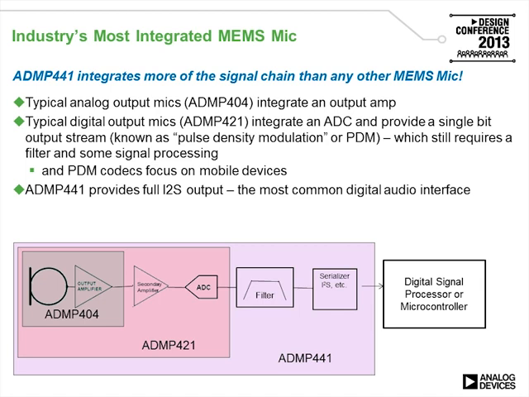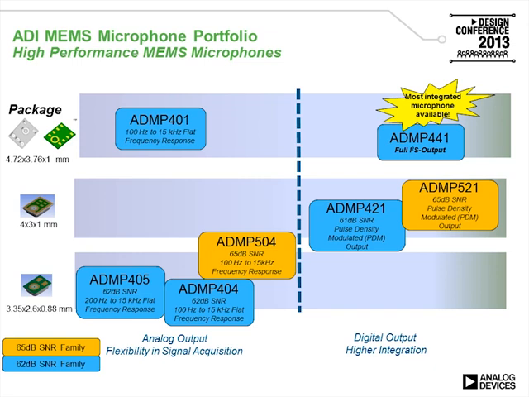The ADMP441 uses the I2S digital interface, which is a very common interface for digital audio, and it's built natively into a lot of digital signal processors and some microcontrollers, allowing for simple connection. And I show here the portfolio of Analog Devices MEMS microphones that is available on the market today.